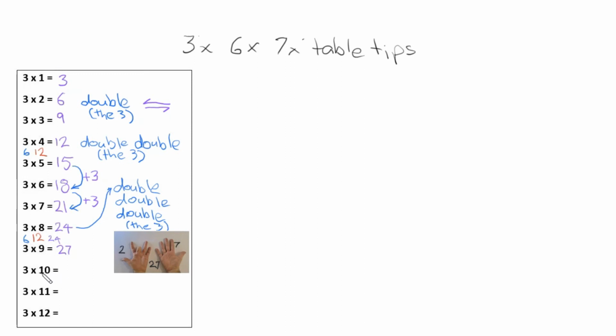Now the 3 times 10 is very simple. And again, watch the 10 times table tips video. And remember that when a number is being multiplied by 10, in this case it's a 3, you write the 3, and it's being multiplied by 10, so you just add the 0.